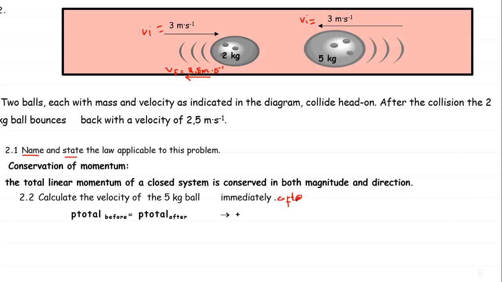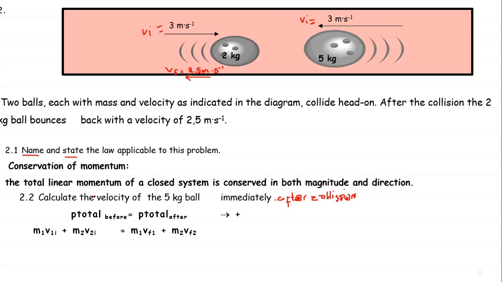So here we are actually required to get the velocity of the 5-kilogram ball, and that must be after the collision. So we know the total linear momentum before the collision will be equal to the total linear momentum after the collision. And we are choosing to the right as positive.